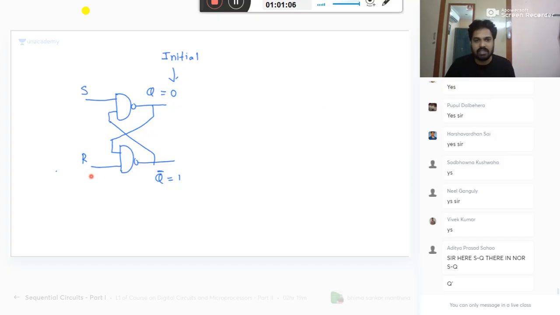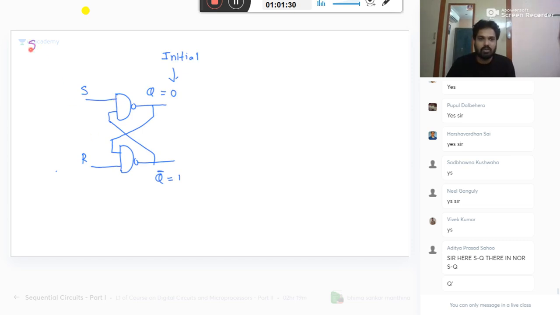In the NOR, it is S bottom, R top. In the NAND, S top, R bottom. I will explain the reason if you wait for some time. Okay? Intentionally, I have taken it, it is not a mistake. I have taken it with a reason only. I will explain that reason. Don't worry about it. So, shall I continue?